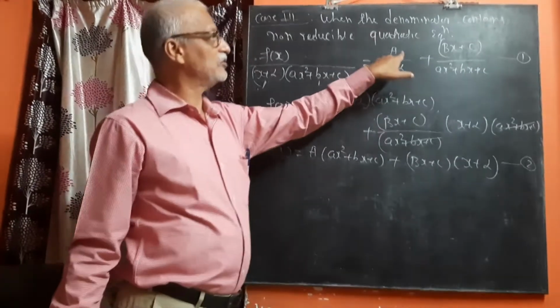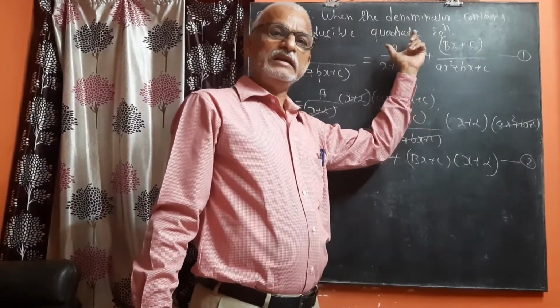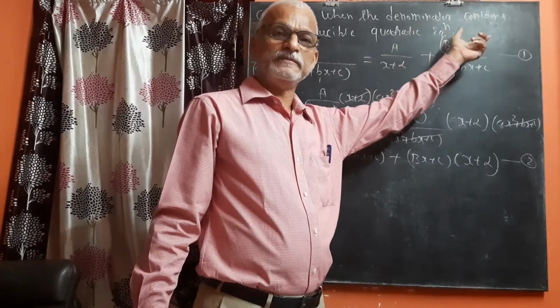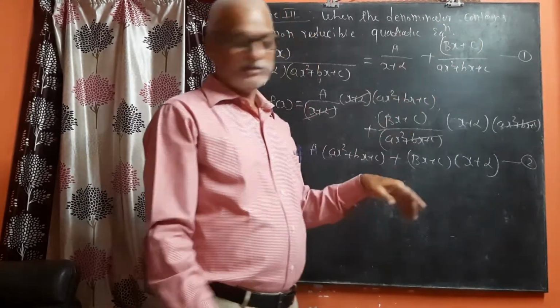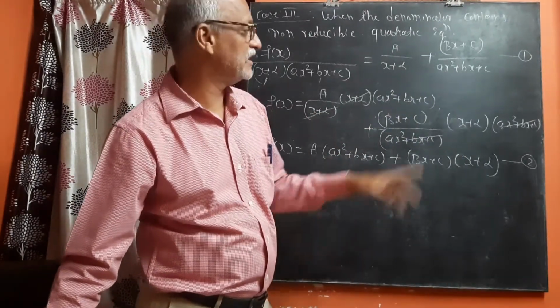Now again, there are three constants. What are those? A, B and C. That means you have to consider three substitutions. What is the first substitution? The first substitution is the denominator of A, as usual, as we have seen in the first and second case.